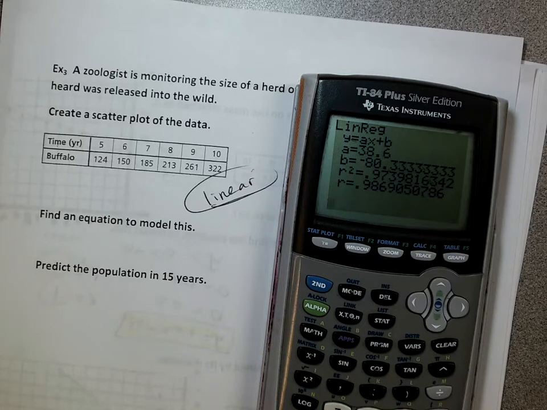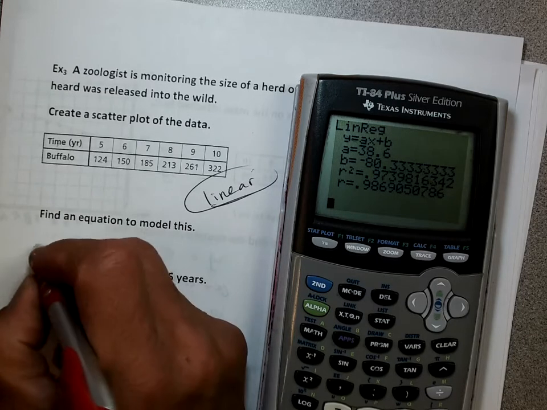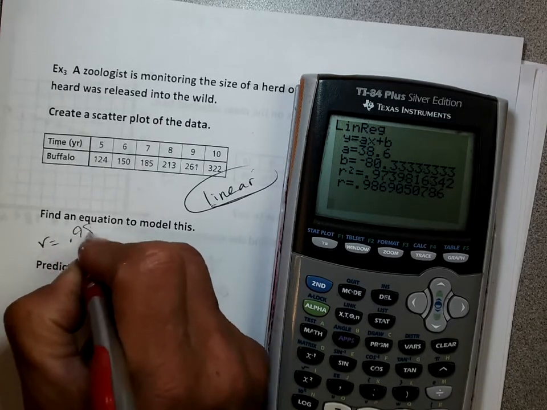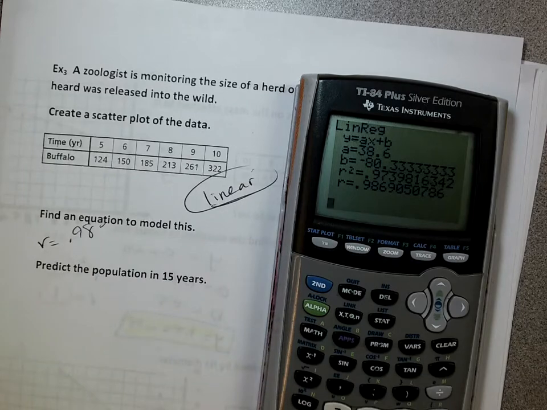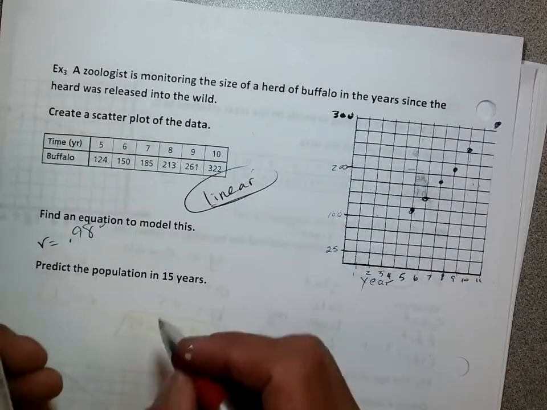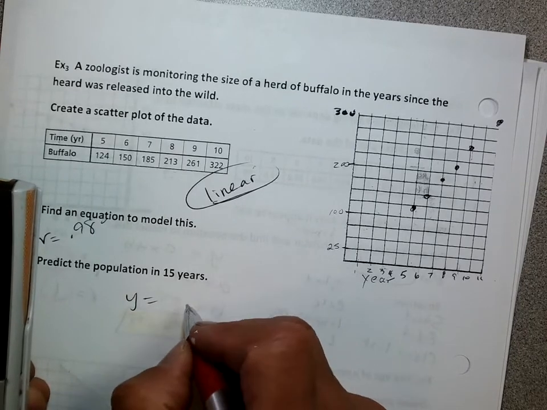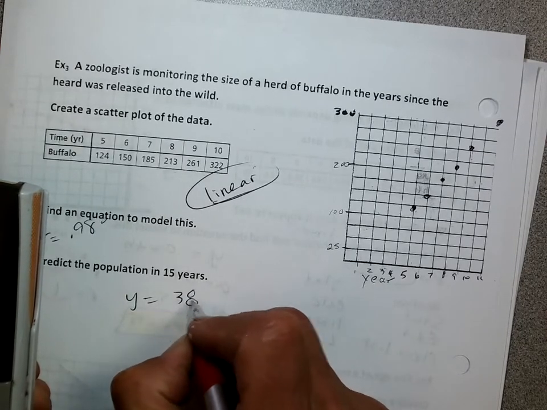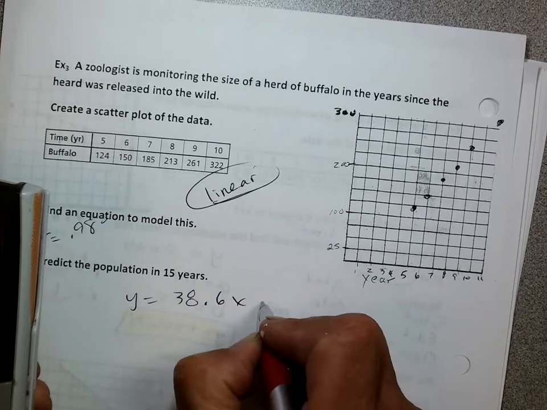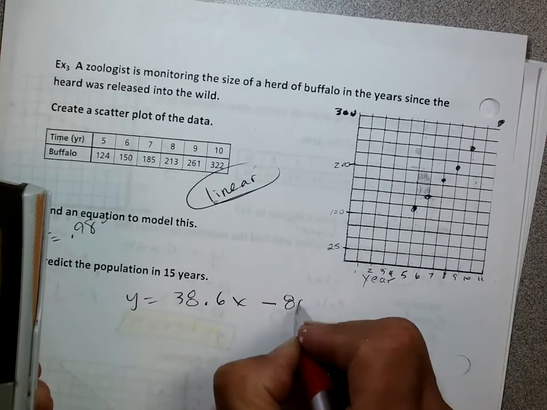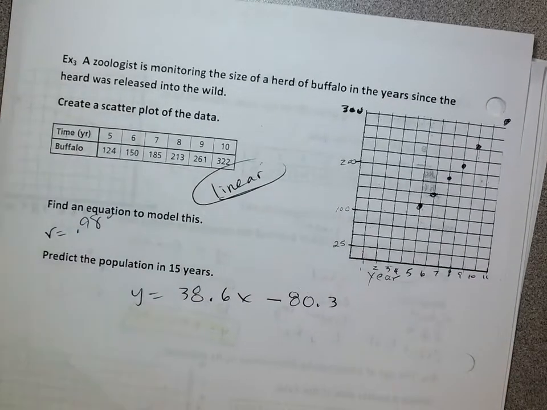So that's actually a pretty good fit. You guys agree? 98%. That means like 98% of my data fits. So my answer is going to be y equals 38.6x minus 80.3.